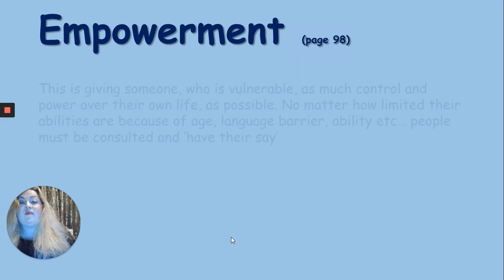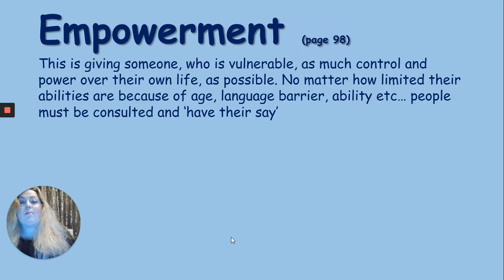So empowerment then, first of all, what does it mean to empower somebody? If we look at the centre of that word, we've got the word power there, right slap bang in the middle of the word. Essentially, it means to give somebody who is vulnerable, and we can all imagine people who can be in a vulnerable position in health and social care, as much control and power over their own lives as possible, no matter how limited their abilities are because of age or a language barrier or ability.